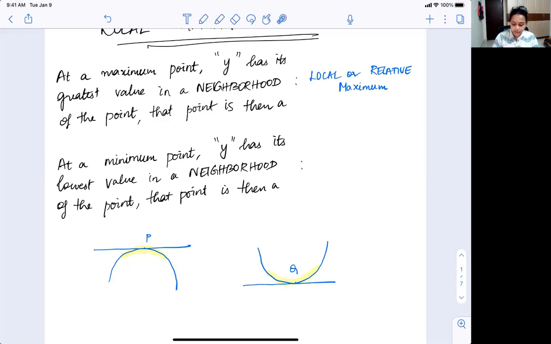Similarly, if at a particular point the function has its lowest value in the neighborhood around that point, which happens to be the case here, Q, then this particular point Q is called the local or relative minimum.